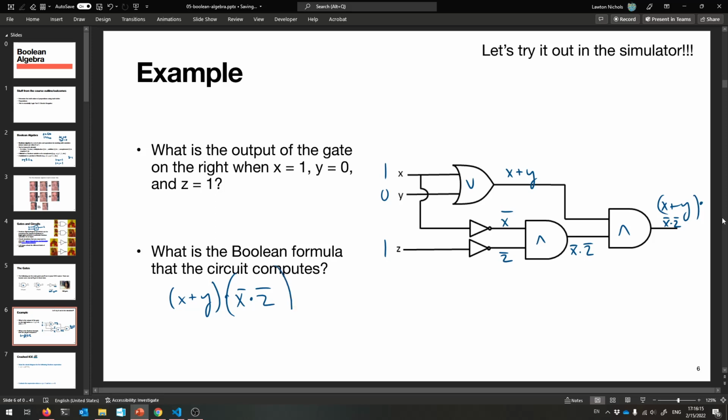Really it's like this, but multiplication and operations are associative, so I can get rid of these parentheses. And this is, of course, equivalent to the notation that we know already: x ORed with y, ANDed with not x, ANDed with not z.